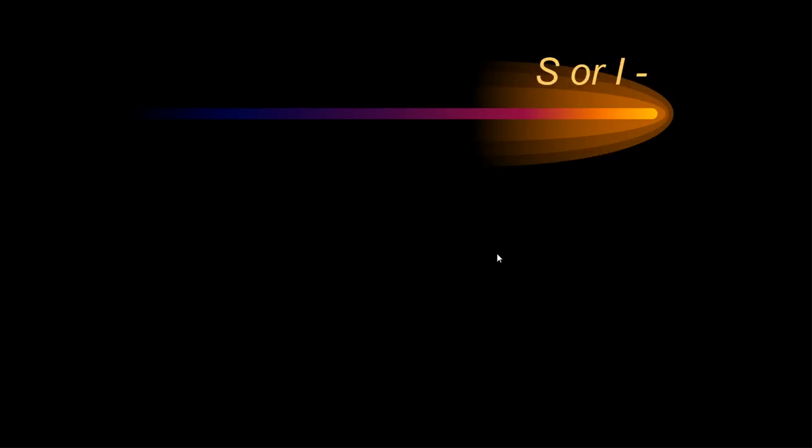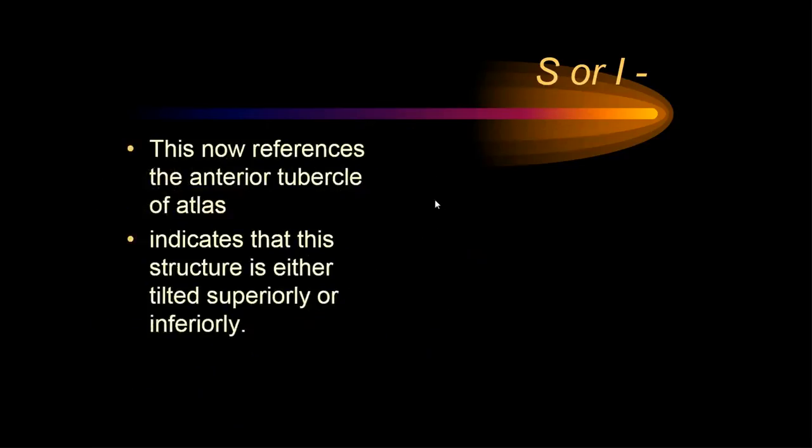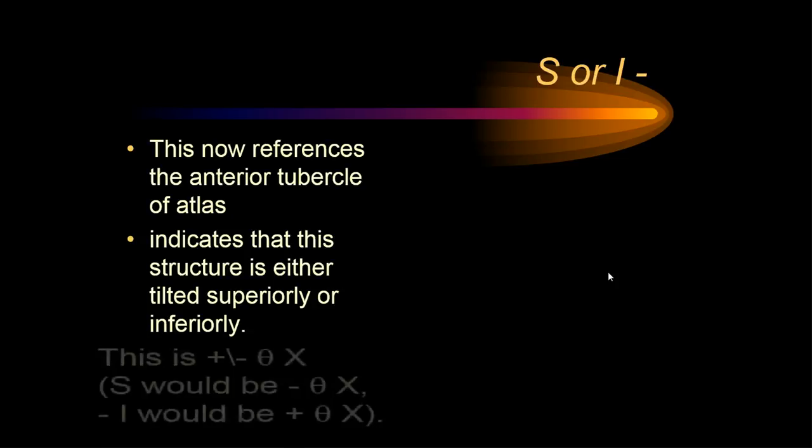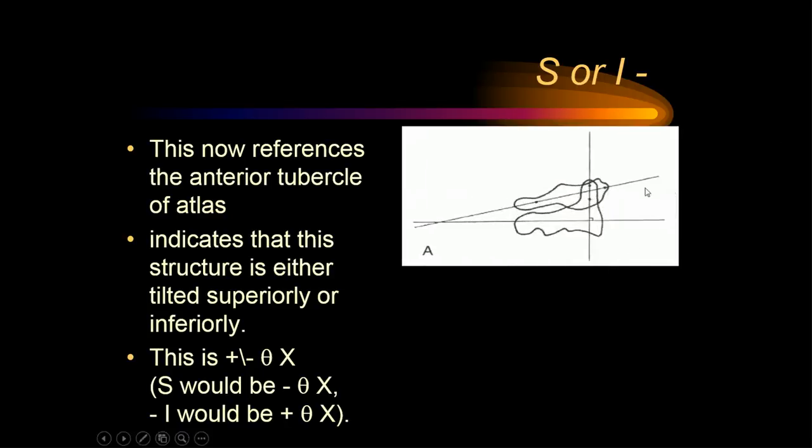S or I, we're talking about the anterior tubercle. This indicates that that structure has tilted either superiorly or inferiorly. If we're looking at a lateral x-ray, you'll be able to see that. Here's what we're looking at. On the lateral film, here's your atlas, there's your C2 with the odontoid, and there's your anterior tubercle right there. So we're talking about pivoting around the x-axis, so it's either minus theta x or plus theta x.